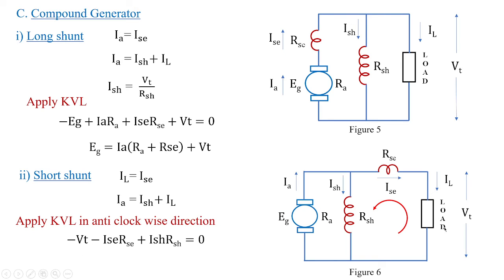You can see here minus VT minus ISC RSC plus the shunt current flowing into the resistance RSH, and that is according to our convention, so that is why it is positive over here. Overall, I can obtain the value of ISH, which will be equivalent to (VT plus ISC RSC) by RSH. So this is how you frame the equations for the connections of a compound generator based upon the type of connection. So please remember these formulas.